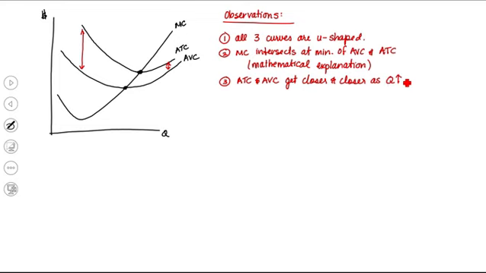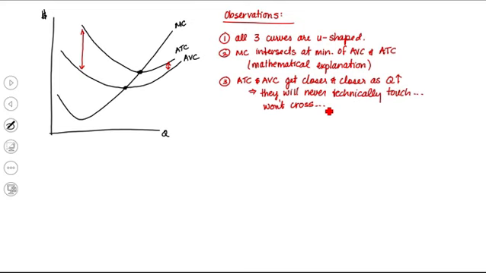So as quantity increases, we see that those curves get closer and closer, but we want to be careful to understand that they will never technically cross or touch. Average variable cost is never going to go up above average total cost, because that would make no sense, right?